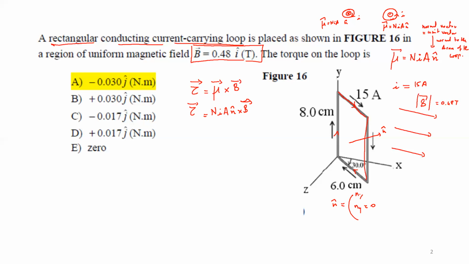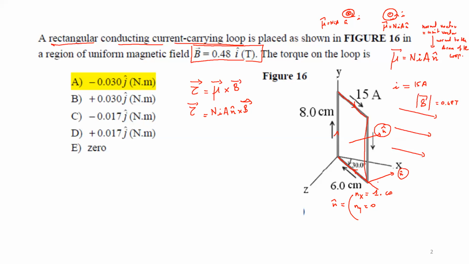Along X, what's the component of the normal vector? It will be 1, this is the magnitude, times cosine of which angle? I can put my normal vector here if you want. I'm just displacing this vector here.